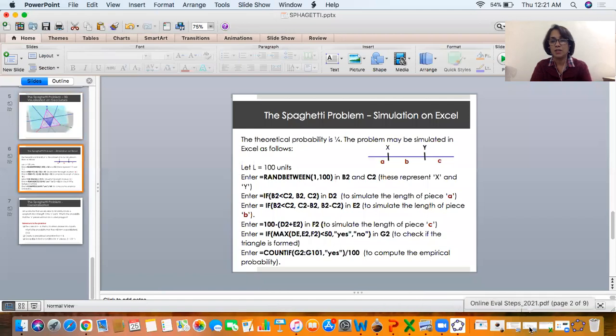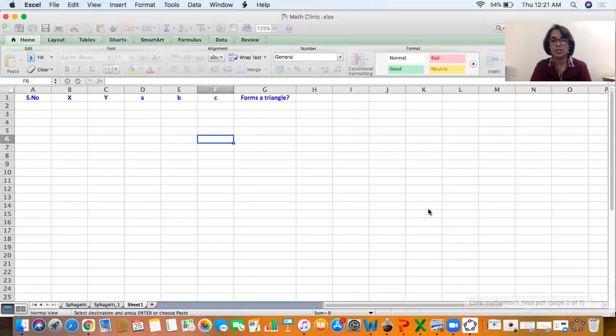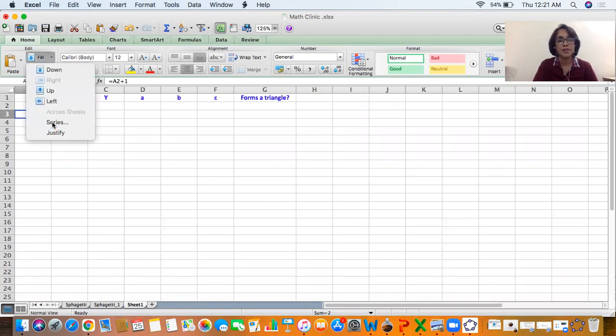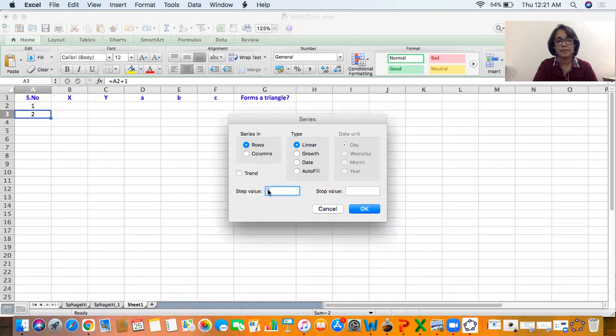So let me take you to the Excel sheet. I hope you can see it clearly. I have a serial number column in which I enter 1, and I will use the fill series command to generate a column from 1 to 100.